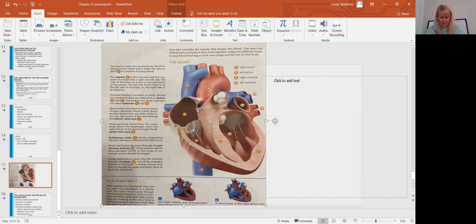What that does is it sends oxygenated blood into the left ventricle and deoxygenated blood into the right ventricle.